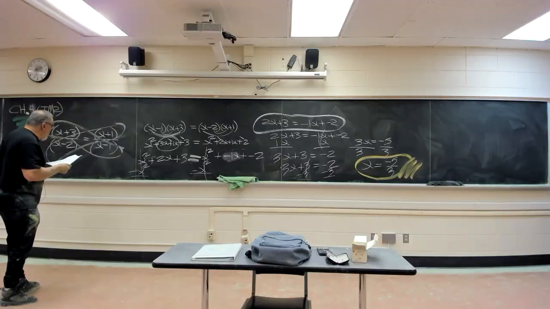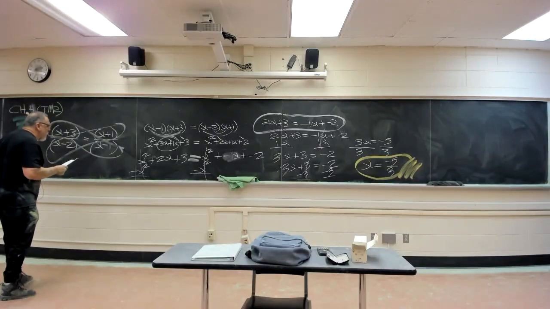I don't buy what they're saying, but I would bet I'm wrong, so let's be careful. x plus 3 over x minus 2 equals x plus 1 over x minus 1.